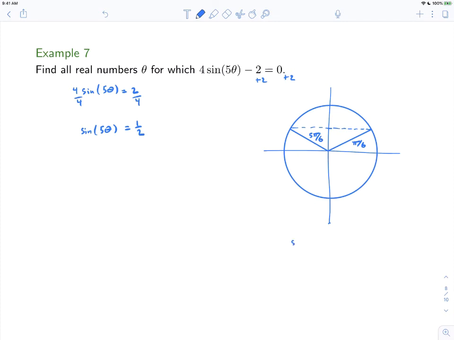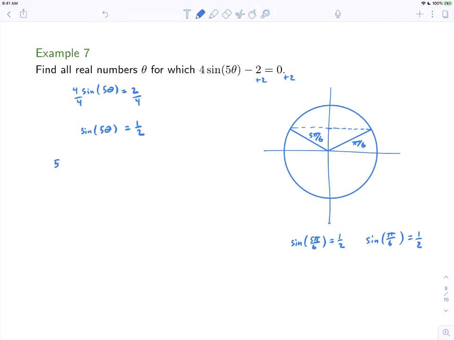So what we know is that sine of 5 pi over 6 gives us 1/2, and sine of pi over 6 gives us 1/2. So what does that tell us? That tells us that our angle is 5 pi over 6 or pi over 6, but our angle is 5 theta. It's not theta, it's 5 theta. So that means that 5 theta must either be 5 pi over 6 or pi over 6.